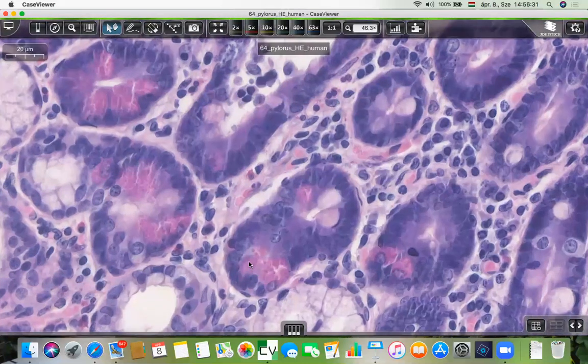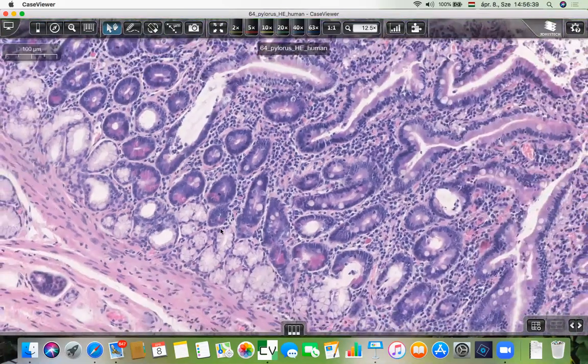These cells with eosinophilic granules inside are the Paneth cells.